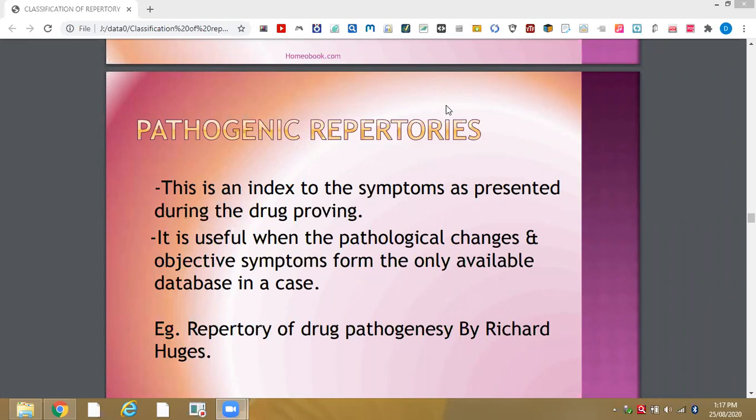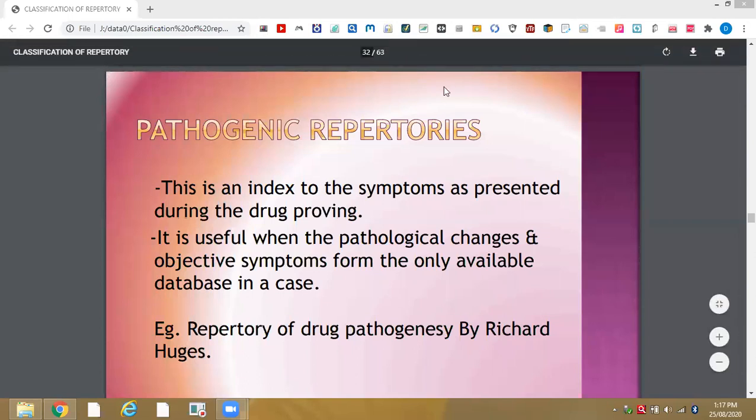Then it is useful when the pathological changes and objective symptoms form the only available database in a case. When there are pathological changes, and they are worsening day by day, in such a case, to find out the medicine based on that pathological change, we can use these repertories.